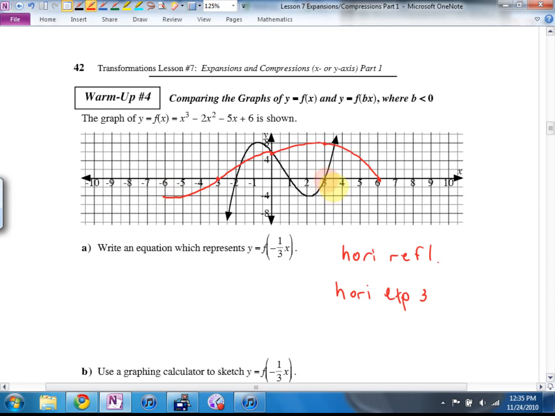Expand it. -9, 0. And I think the rest of them are going to be off my graph. So I'm just going to put arrows there saying there are more, but they're not going to fit. Does this make sense, though? Imagine that black graph, flip it and stretch it. I think the red graph is what you would end up with. Okay.